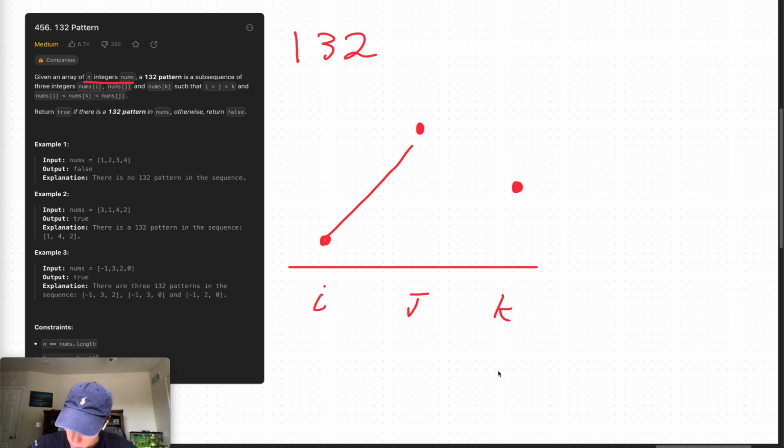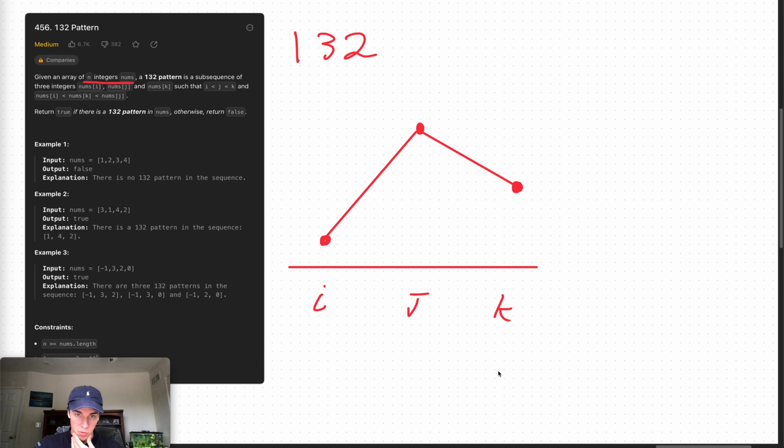So something like this. Cool. So we're looking for this 132 pattern in our nums array, and if we find one, return true, otherwise return false.